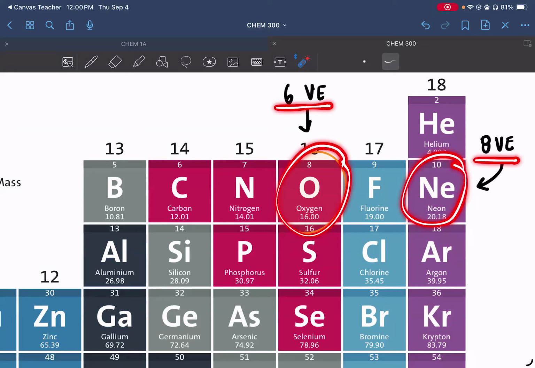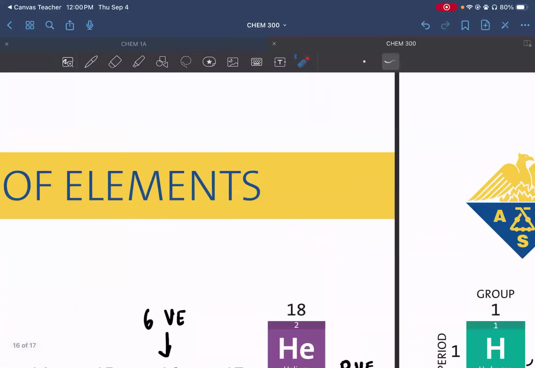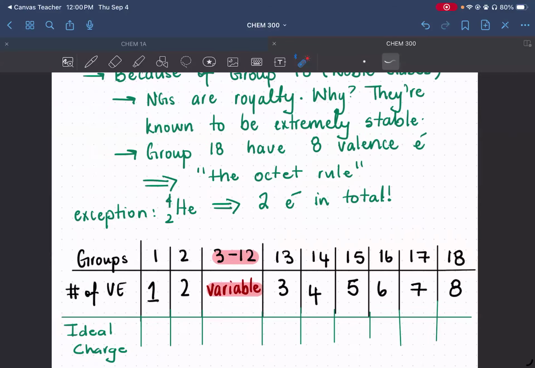So what does oxygen need to do? Will it gain or will it lose electrons? It will gain. How many electrons specifically? 2 electrons. If you gain 2 valence electrons, that means you're overall going to be -2.